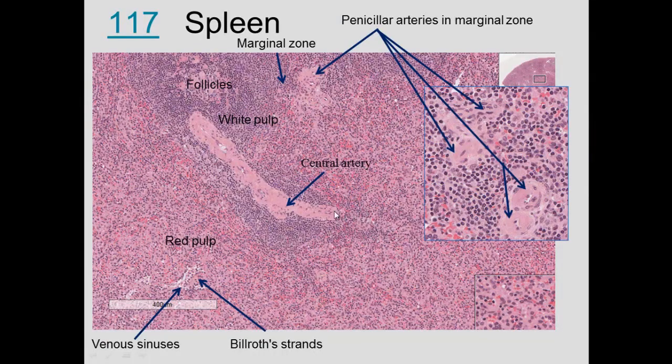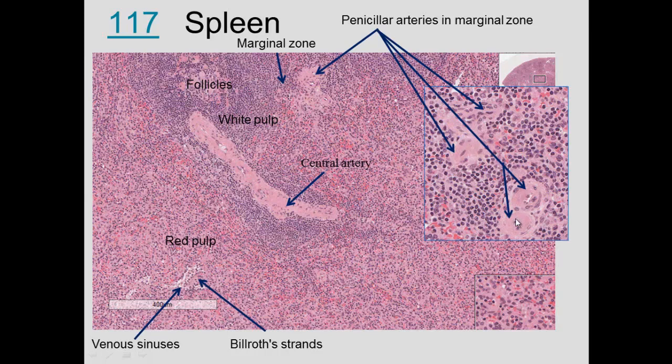Here you can see the central artery and the periarterial sheath and a follicle, characteristic of the vasculature going into the spleen and being part of the white pulp, and this being the red pulp. In the red pulp, you have the Billroth strands, or the splenic strands, and the sinuses. Right in the marginal zone, between the white pulp and the red pulp, you have these penicillary arteries.